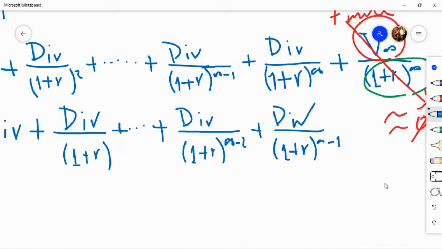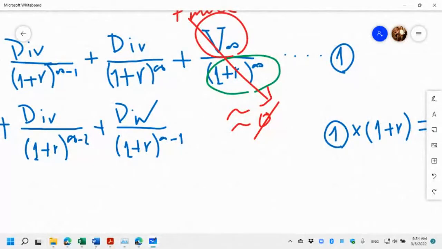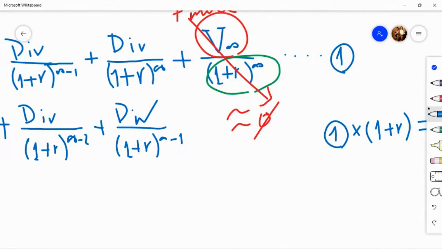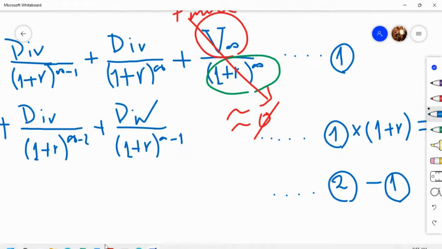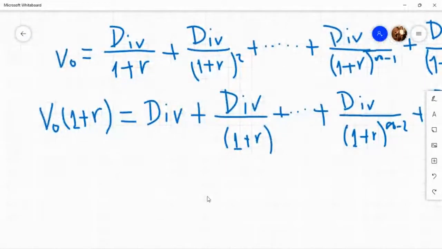Next, we are going to subtract. We're going to do 2 minus 1. We're going to subtract equation 1 from equation 2. Now, this is the fun part, really. If we subtract equation 1 from equation 2, everything in equation 1 will have a minus sign. Isn't that right? You're subtracting.